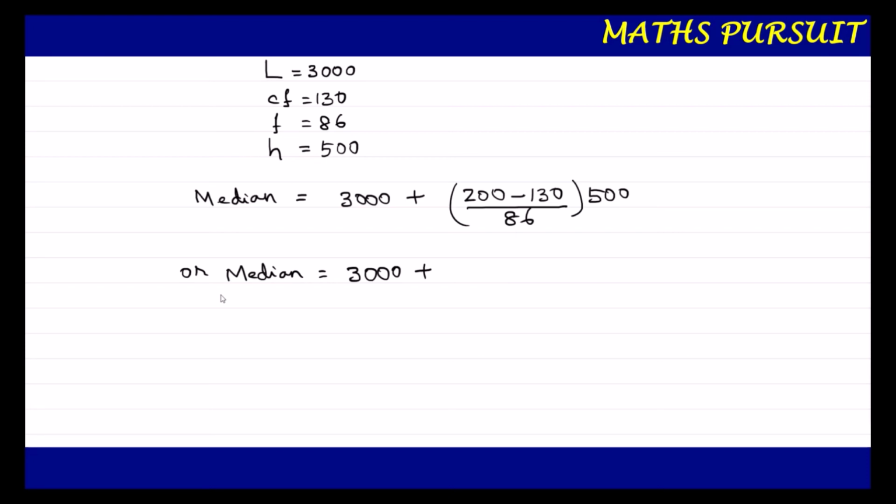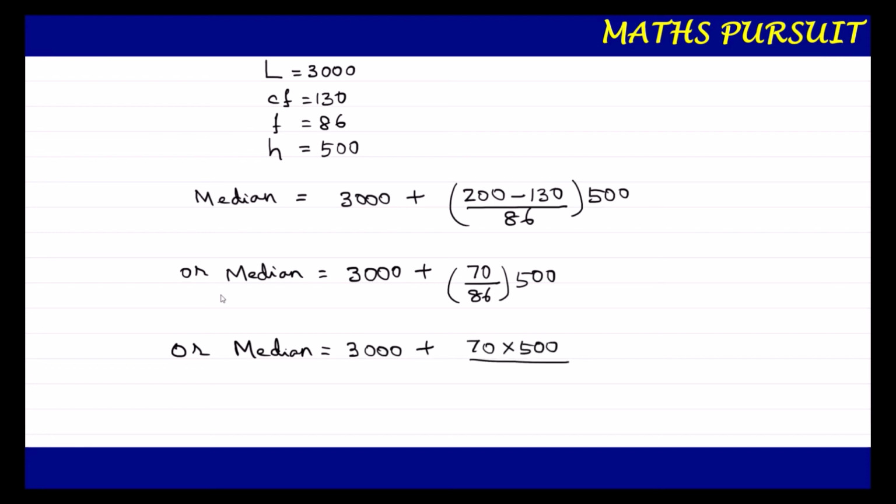So I can write 3000 plus 70 upon 86 into 500, or I can write median is equal to 3000 plus 70 into 500 upon 86.